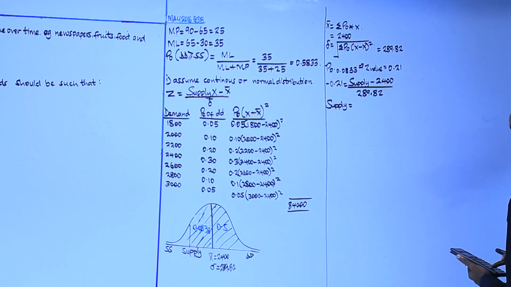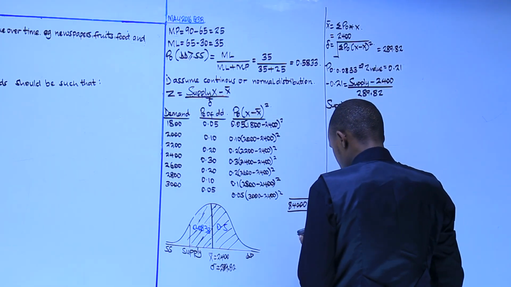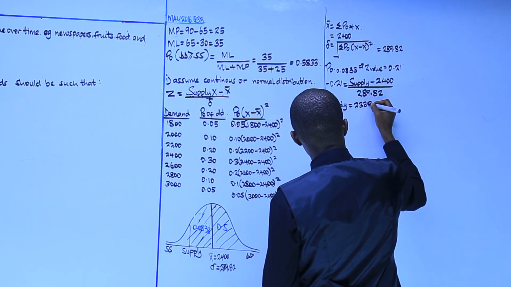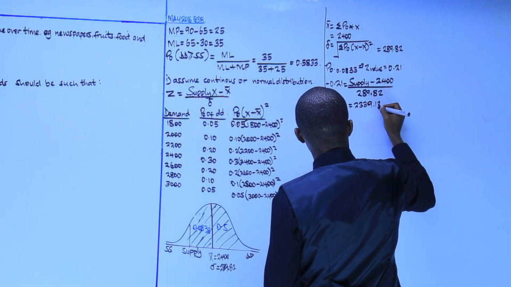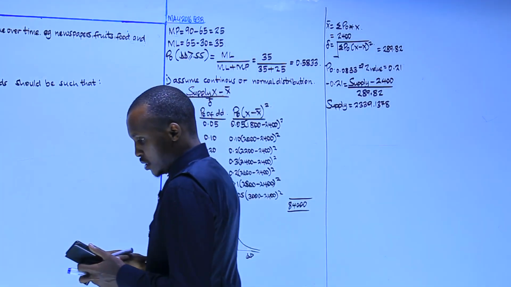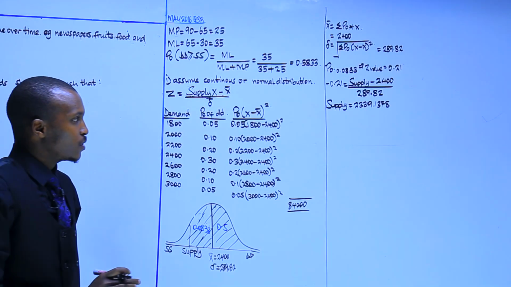Times 289.82. So your supply should be 2339.1378.